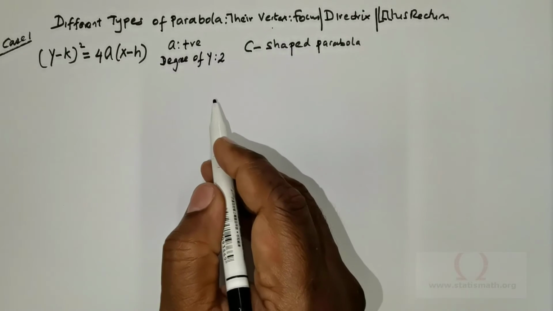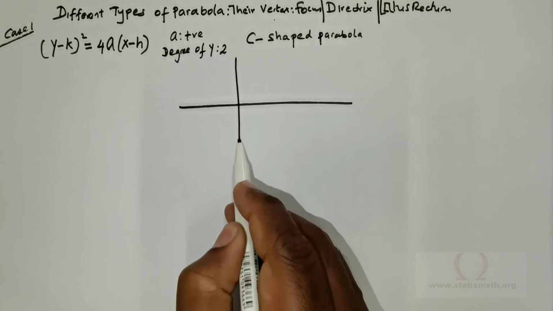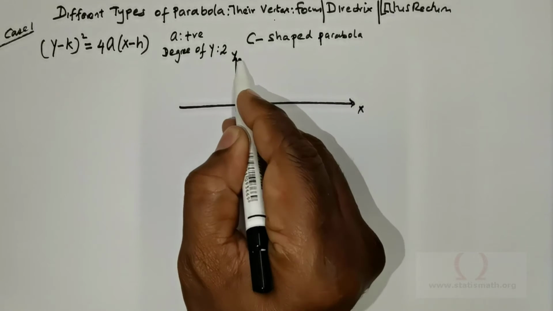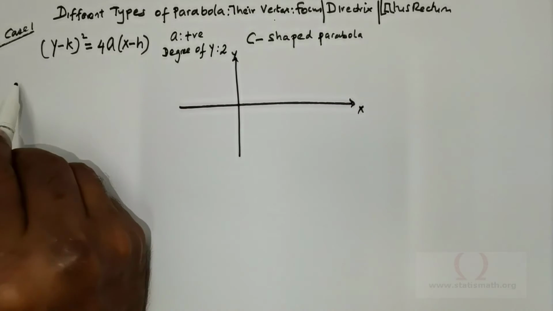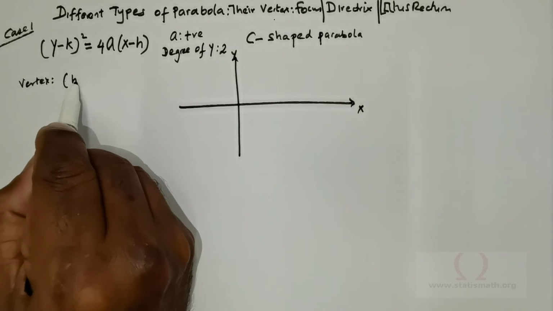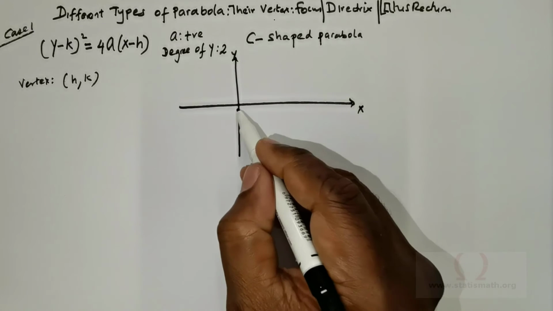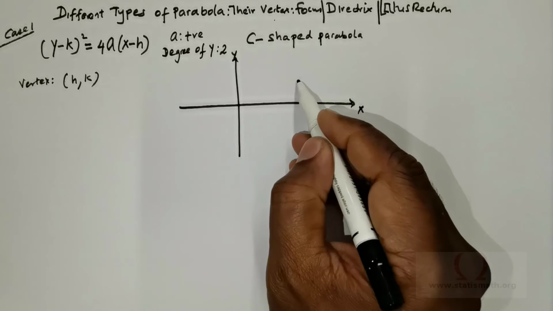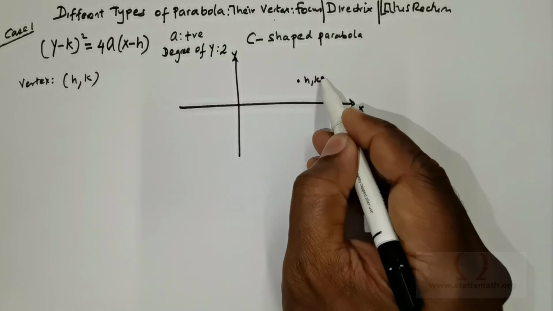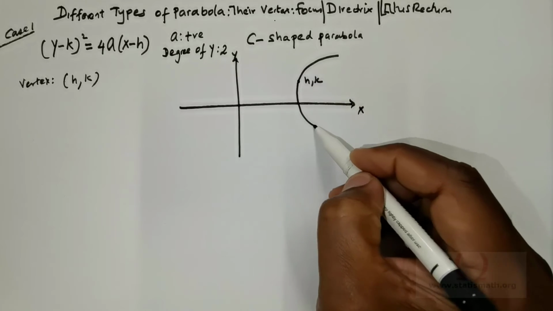So what we will do is we will draw the parabola. So let us do that. So this is the x-axis, this is the y-axis. Now clearly the vertex, if you see here, is located at h comma k. So that means it is not at the center, so it can be somewhere over here. So let us assume this to be h comma k, and let us draw the parabola.